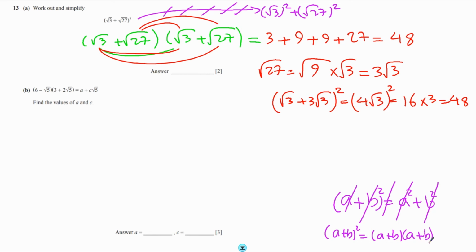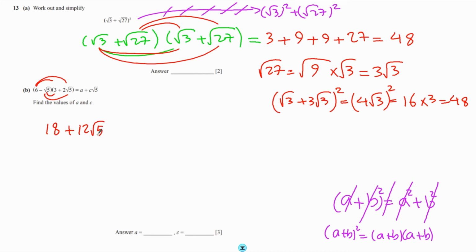Okay, the next question is bracket 6 minus the square root of 5, times 3 plus 2 square root of 5, equals a plus c square root of 5, and find out the values of a and c. So again, I'm going to multiply this as above. 6 times 3 is 18. 6 times 2 square root of 5 would be plus 12 square root of 5.